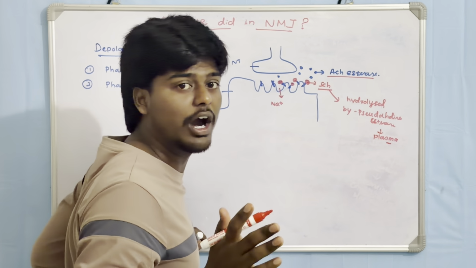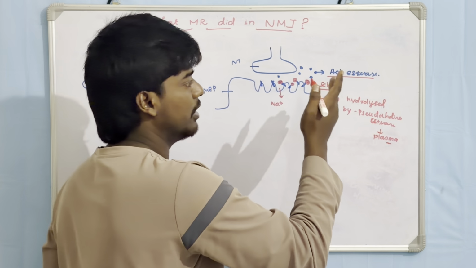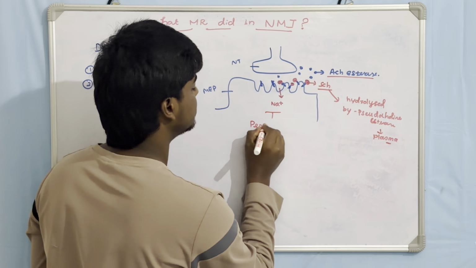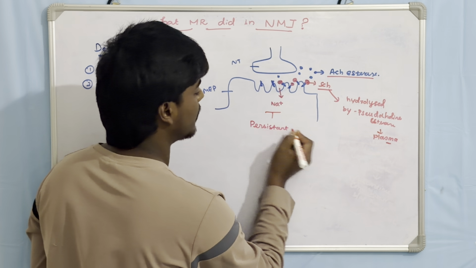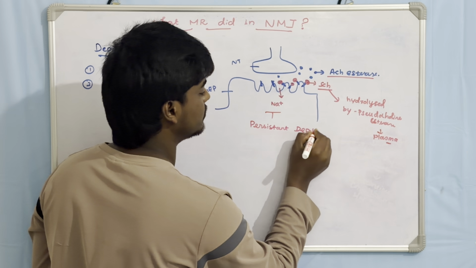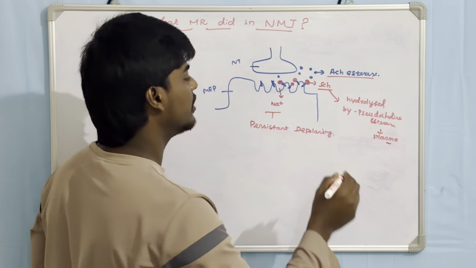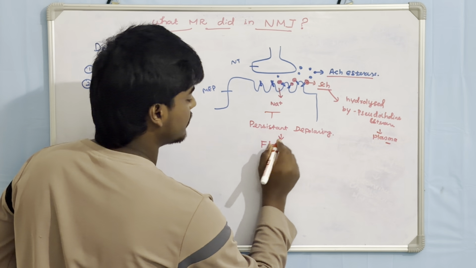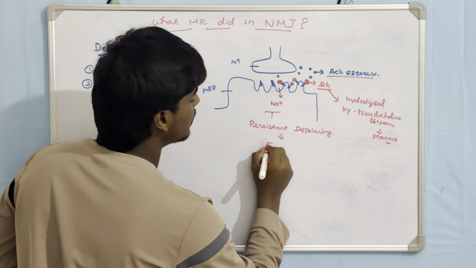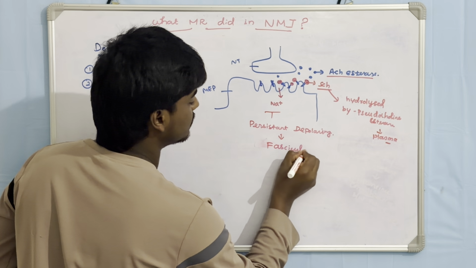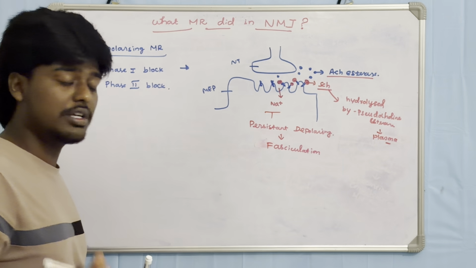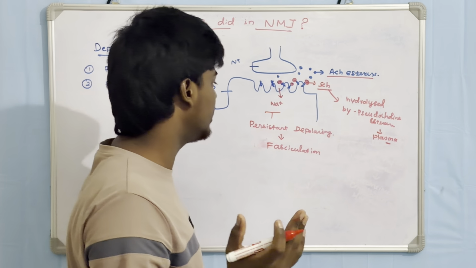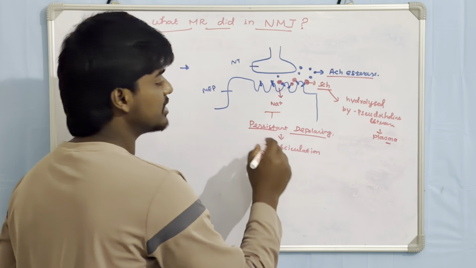So no hydrolyzing enzyme for it is present in the neuromuscular junction, and it produces persistent depolarization. That is the reason for the fasciculation. During usage of succinylcholine, fasciculation appears, and the reason is that persistent depolarization.